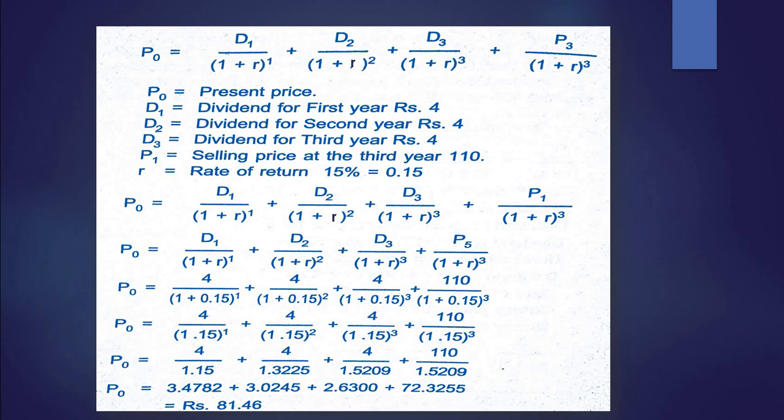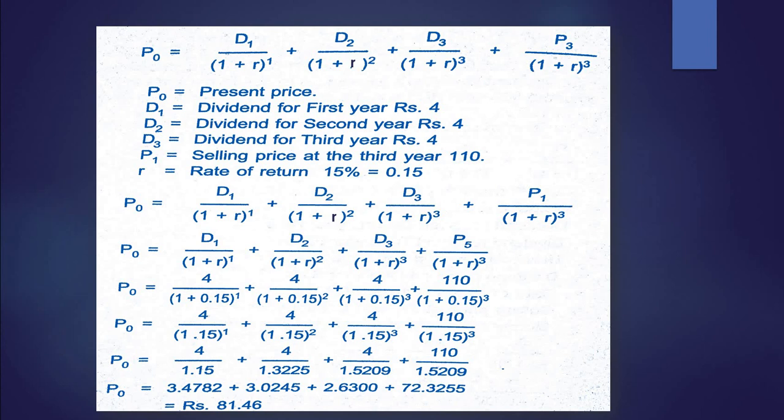Next, we are going to simplify it. So we get the values as 4 divided by 1.15, plus 4 divided by 1.3225, plus 4 divided by 1.5209, plus 110 divided by 1.5209. After getting all these values, we have to simplify again and add all the values.